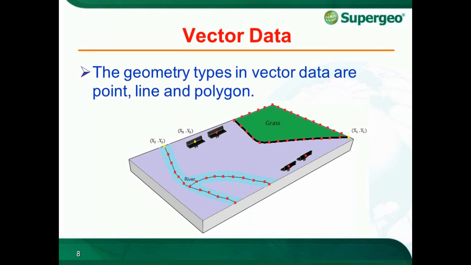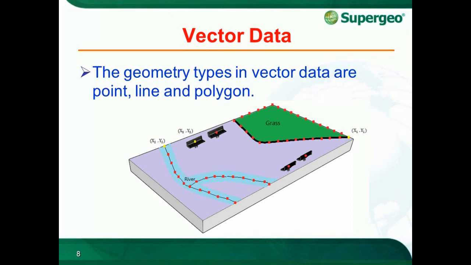And for vector data, as we mentioned before, its geometry types are point, line, and polygon. And we must notice that the geometry type of features in a single layer must be consistent. In the example here, we use a point to represent the bench, a line feature to represent the river, and a polygon feature to represent the grass area.